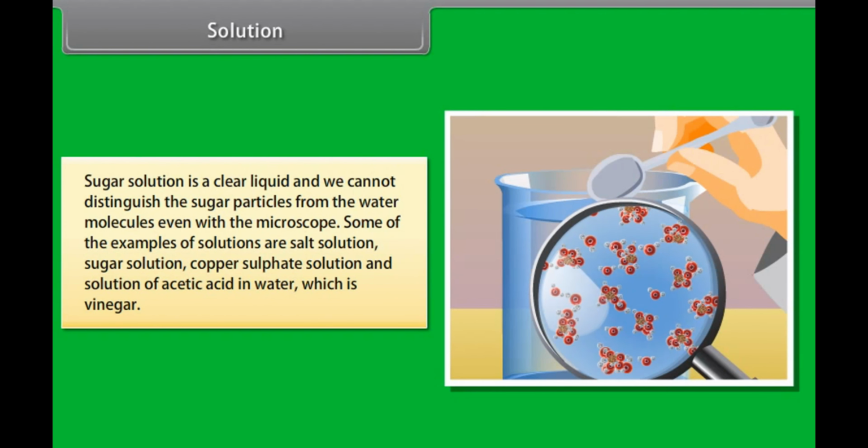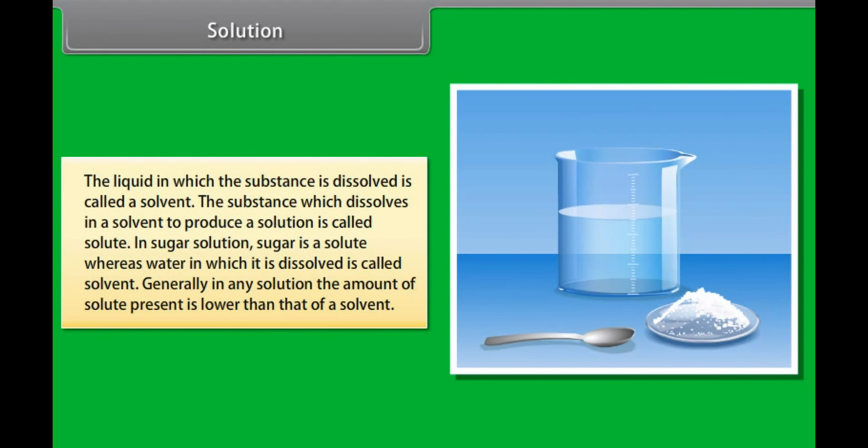Sugar solution is a clear liquid, and we cannot distinguish the sugar particles from the water molecules even with the microscope. Some examples of solutions are salt solution, sugar solution, copper sulfate solution, and solution of acetic acid in water, which is vinegar. The liquid in which the substance is dissolved is called a solvent.